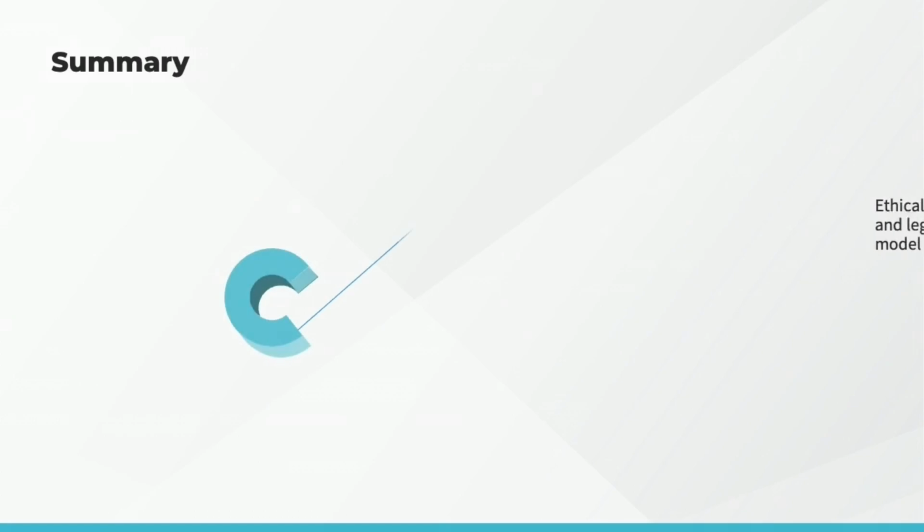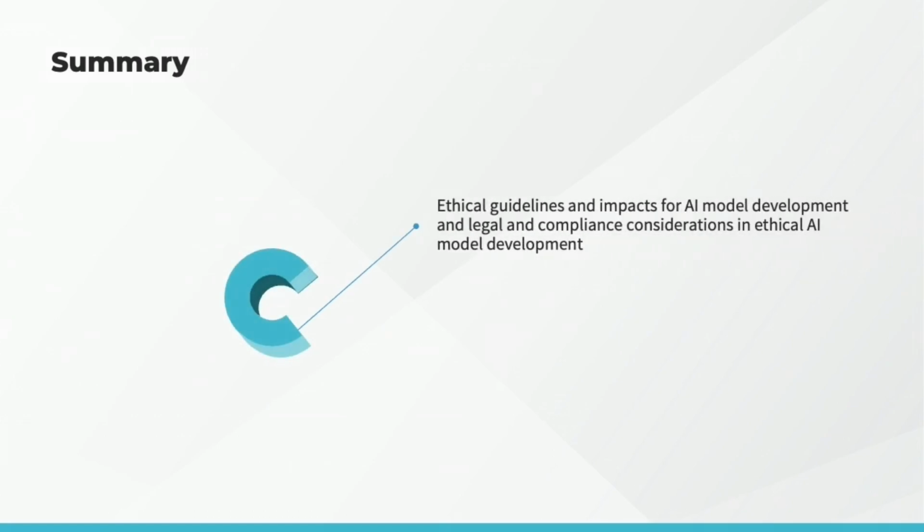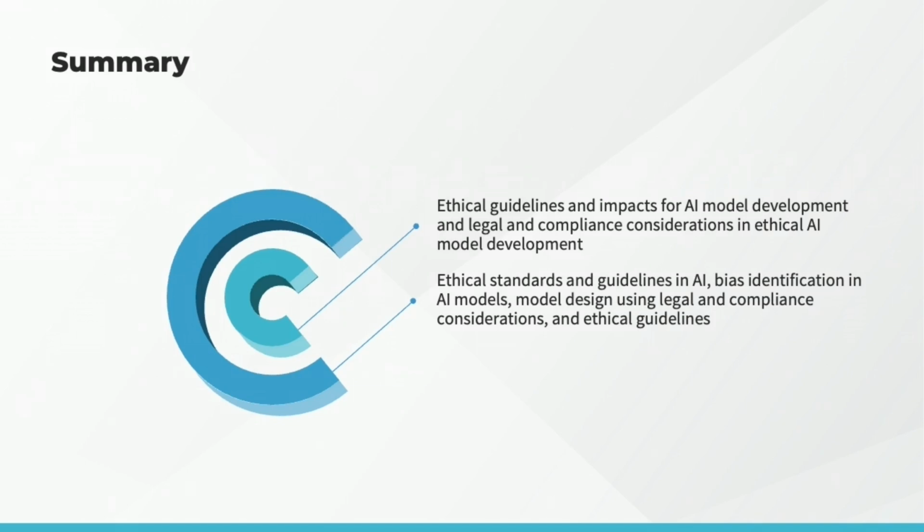We explored ethical guidelines and impacts for AI model development and legal and compliance considerations in ethical AI model development. And we explored ethical standards and guidelines in AI, bias identification in AI models, model design using legal and compliance considerations, and ethical guidelines.